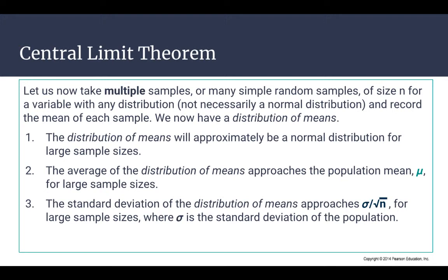The distribution of means will approximately be a normal distribution for large sample sizes. The average of the distribution of means approaches the population mean mu for large sample sizes. The standard deviation of the distribution of means approaches the population standard deviation divided by the square root of n for large sample sizes, where sigma is your standard deviation of the population.